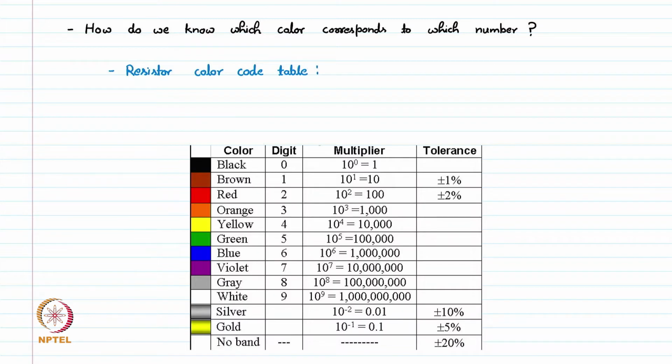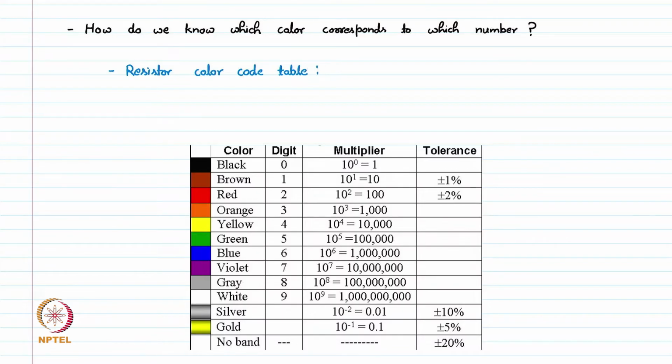In this table we have each color and what that color represents in terms of digits. For example, if the ring is black, the digit is 0. If the ring is brown, the digit is 1. If the ring is red, the digit is 2, and so on. Based on this table, we can determine the actual digit to put in the formula we just saw in the last slide.